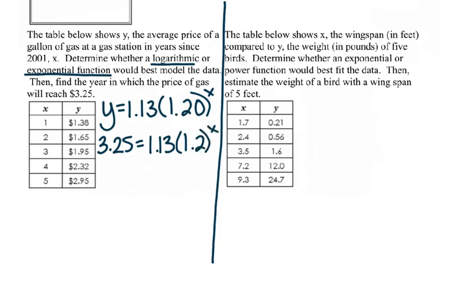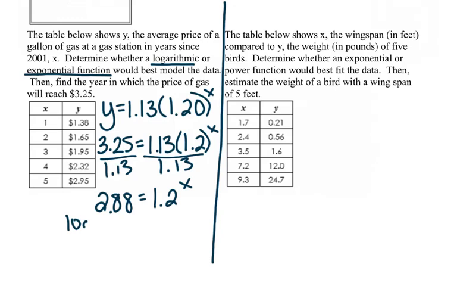Alright, I'm going to divide both sides by 1.13. So I get 2.88. I'm going to take the log of both sides. And remember, my power property says anytime I have a power, I can write it in front of the word log.